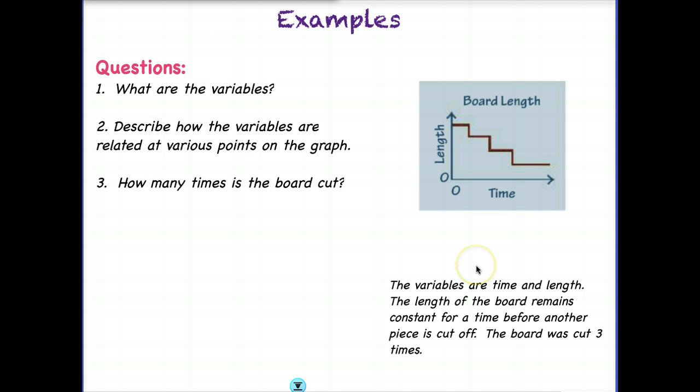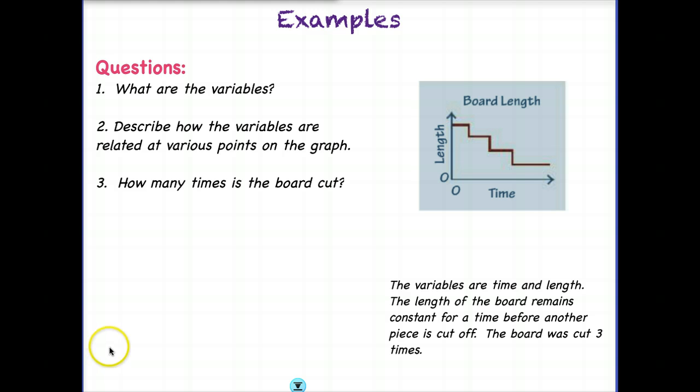Here's another graph. It shows board length, and we have some variables labeled here on our graph, and then we have a picture of a graph that looks a bit like a step pattern going down, decreasing. So our questions again are, what are our variables? Describe how the variables are related at various points on the graph, and then how many times is the board cut?